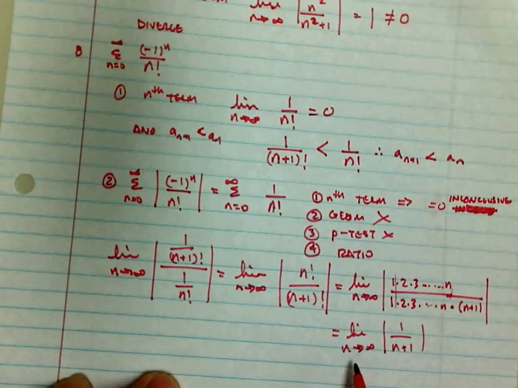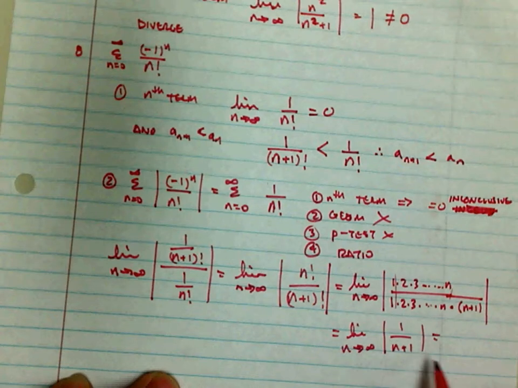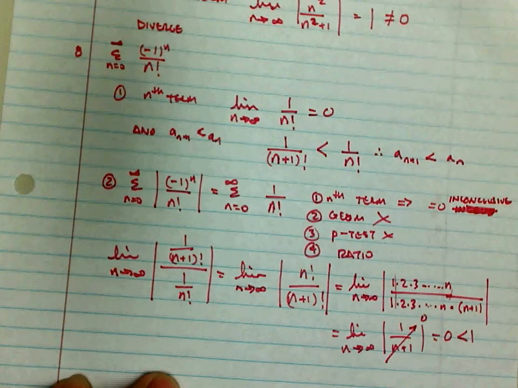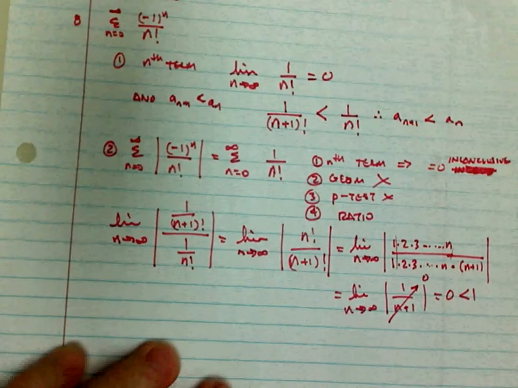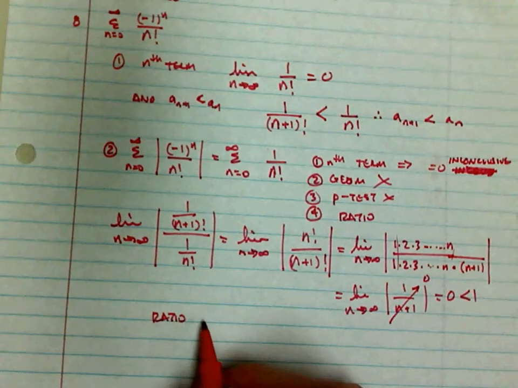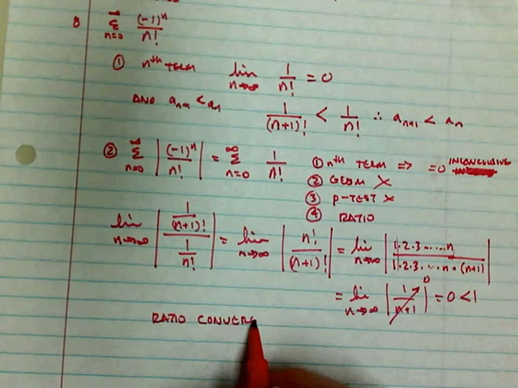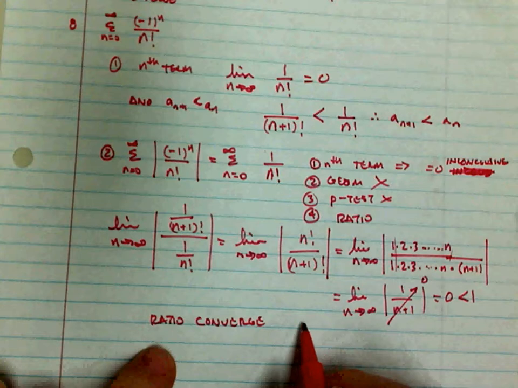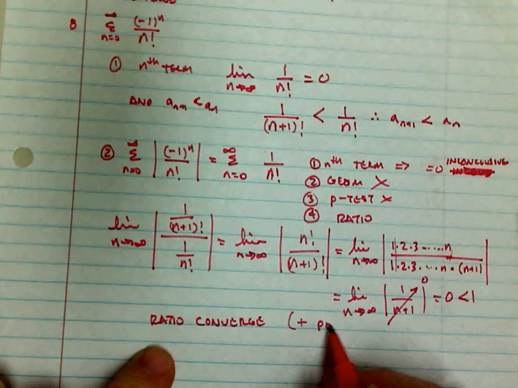So using our ratio test, this is going to equal 0, which is less than 1, which by our ratio test tells us that this will converge. What is this? This is the positive series, our positive series.